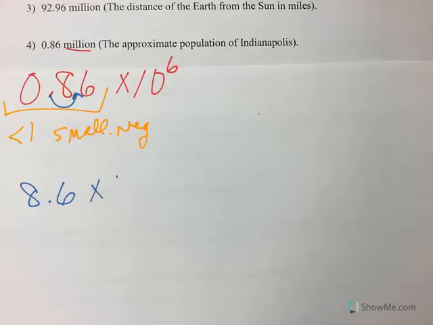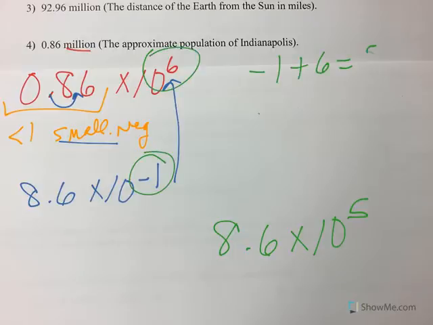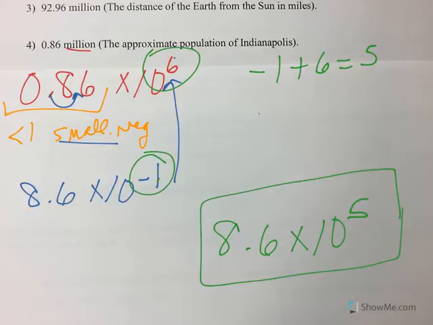I only moved it one place, but my exponent is negative because 0.86 is small, right? It's less than 1. But I already have times 10 to the 6th. So my final answer is 8.6 times 10 to the 5th, because negative 1 plus 6 equals 5. That's how I got the exponent of 5.